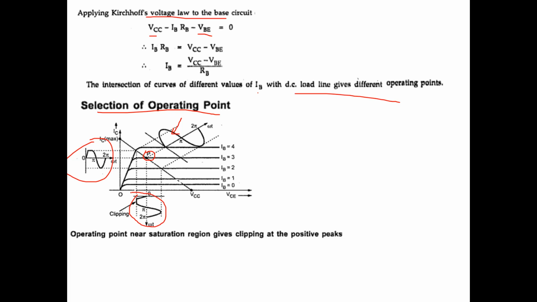These are the points you should remember. When the base current intersects at point P over the DC load line, the collector current is clipped off at the positive peak, and the collector to emitter voltage is clipped off at the negative region. This is a possibility.